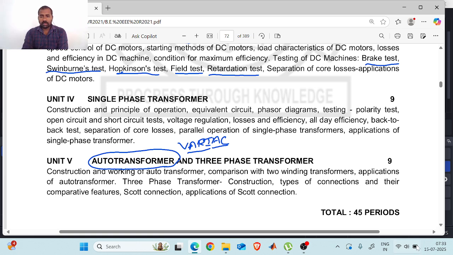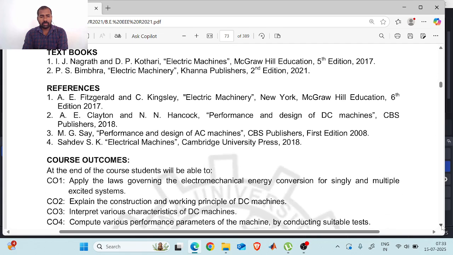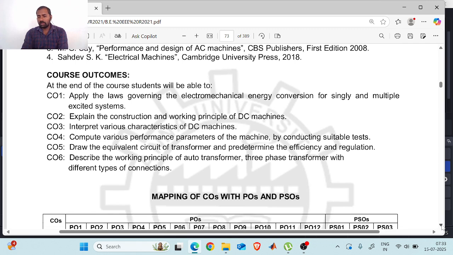And at last, when you complete all the 5 units, these will be the course outcomes. You will get to know after completion of the course: apply the laws governing electromechanical energy conversion for singly and multiply excited systems.